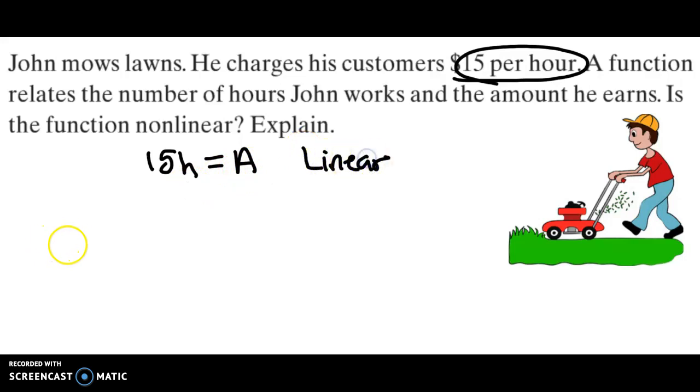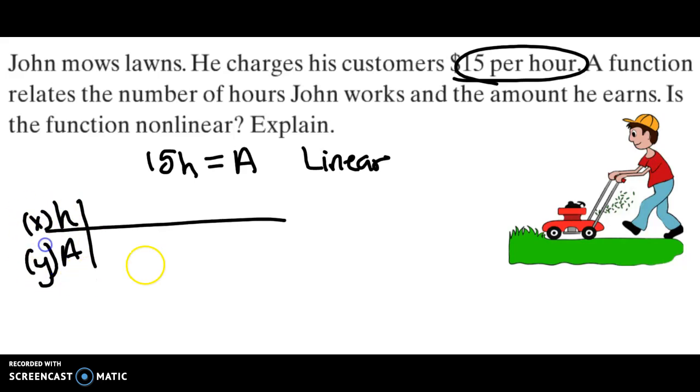But if you're not sure, you can always create a table. So the amount of money he earns depends on how many hours he works. So this is really my X and my Y if I was graphing it. So if he doesn't work at all, he doesn't make any money. And if he works 1 hour, he makes $15. And if he works 2 hours, he makes $30.